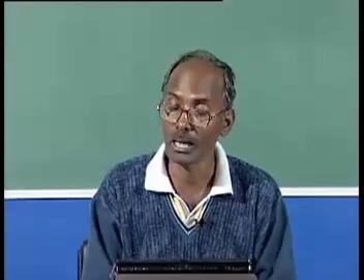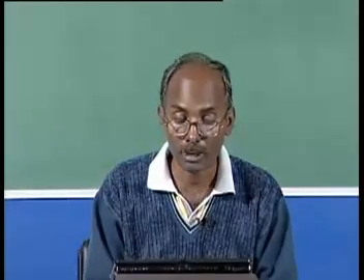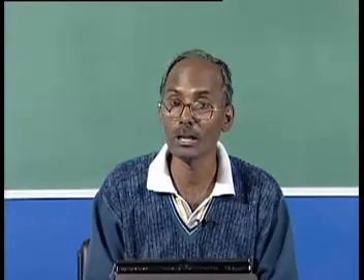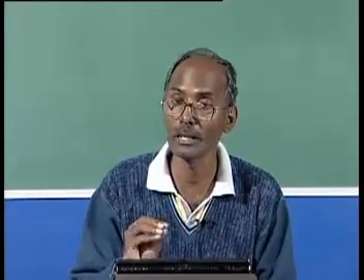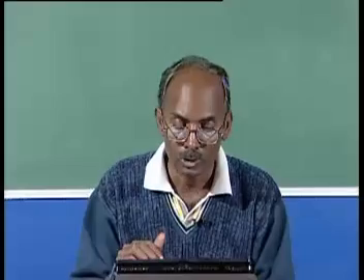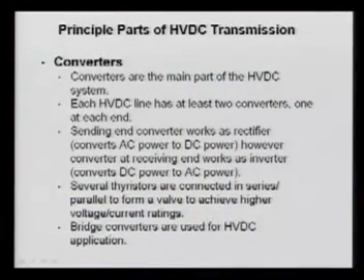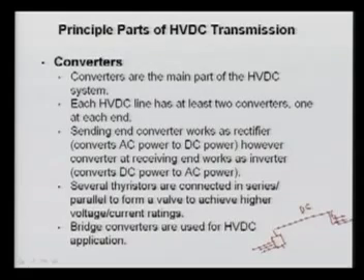Any mal-operation or problem in the converter station will lead to the complete shutdown of that link, so it must be operated very carefully. Each HVDC line has at least two converters, one at each end. As I said, suppose this is a DC line, we must have one converter here, and then here the three-phase AC supply and the converter.